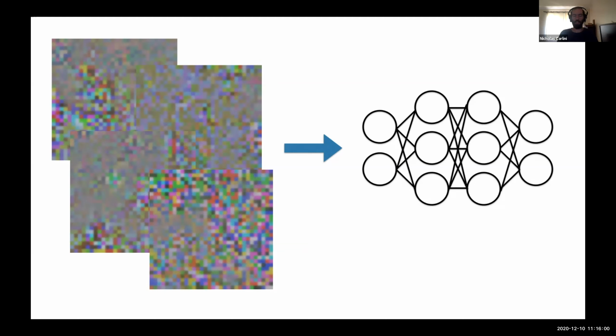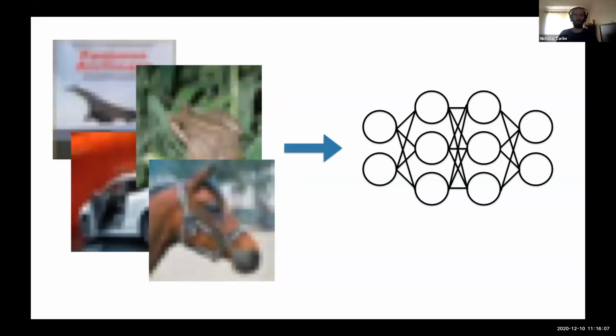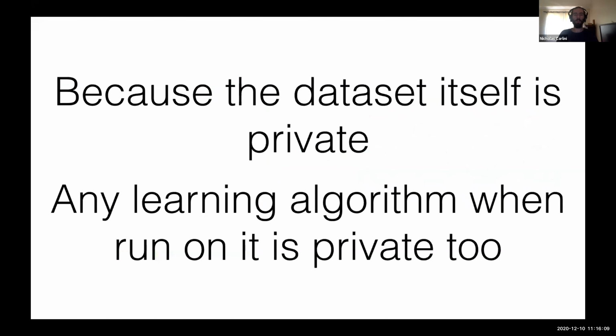These images here, we can't inspect them and see anything interesting that reveals the actual training data, which is these images here. And so the hope is that because this data set has been made private, it doesn't matter what algorithm you train on top of it. We're learning on top of a private data set, and therefore we are going to be learning something with privacy.